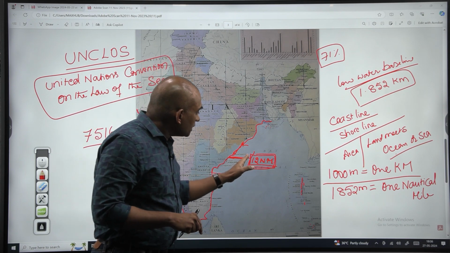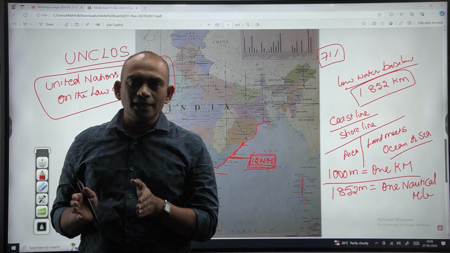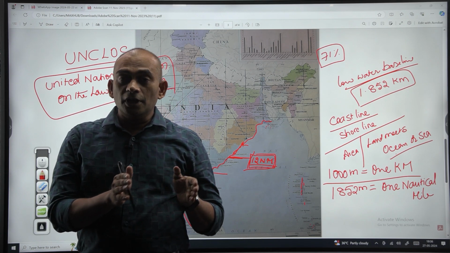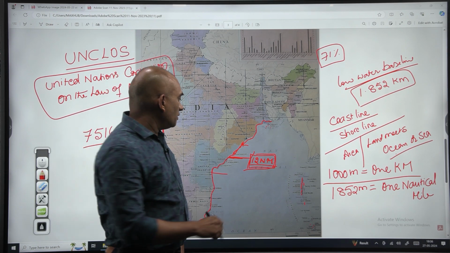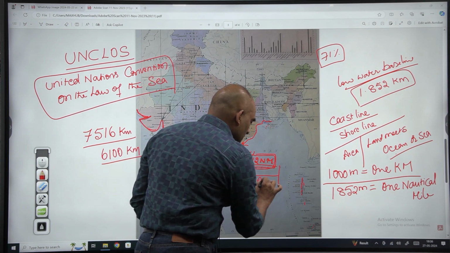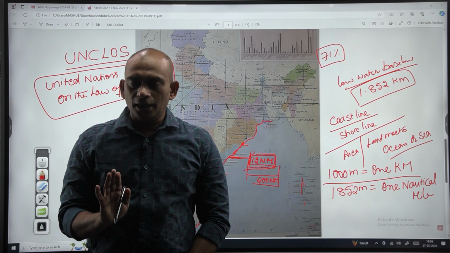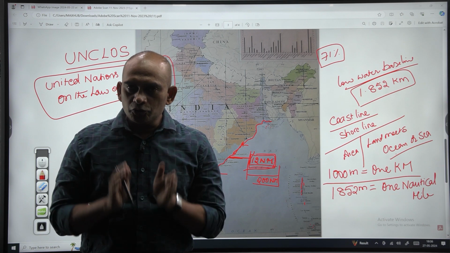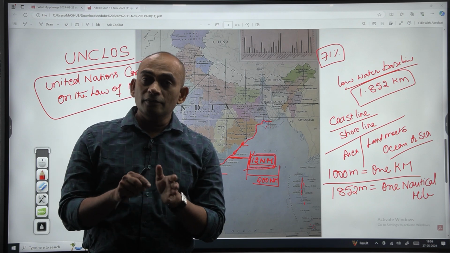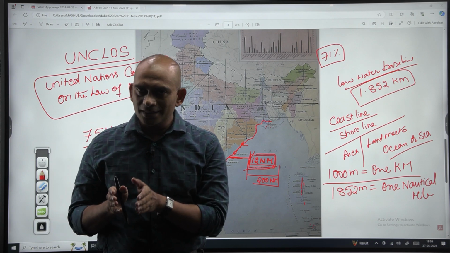So after this, how do you use that? How can you decide whether this area belongs to another country or to India? From the 12th nautical mile up to 200 nautical miles, the area does not belong to India, but India can utilize the resources, that means any minerals, fishes, prawns, even gold present under the sea or ocean.